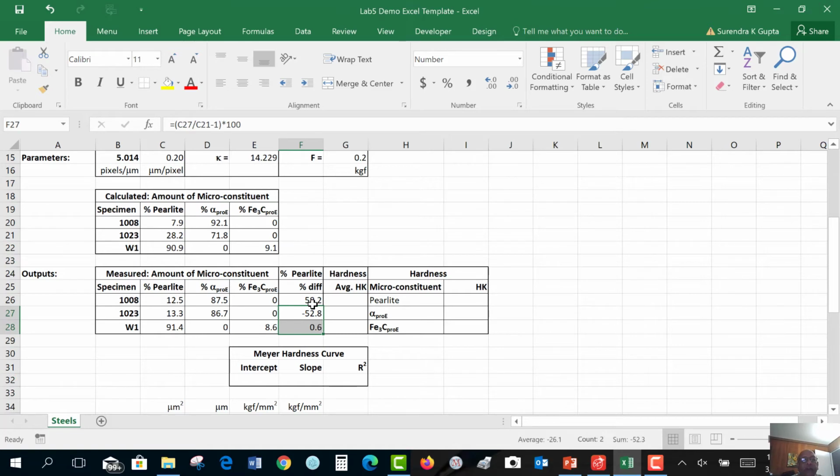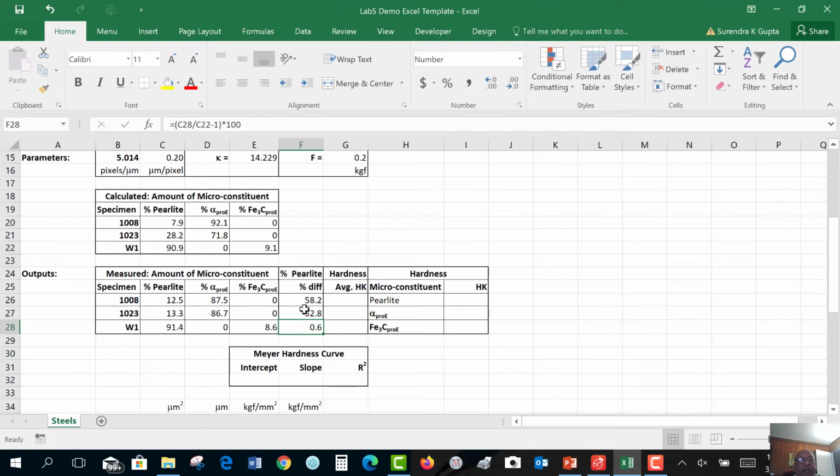So we can see that for hypoeutectoid steels, we had large differences. For hypereutectoid steel, we just coincidentally happened to match the result fairly well. Now, this is what is going to happen because we just took one image. We should do statistical analysis.